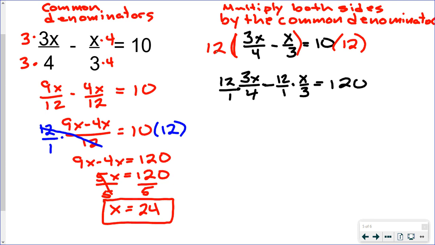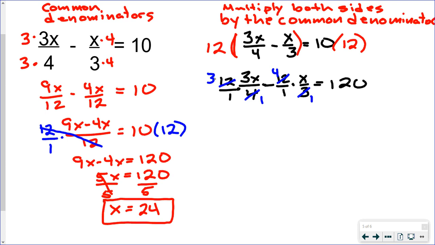Now, when we multiply by the common denominator, what it allows us to do is cross-simplify and eliminate the denominators here, and therefore eliminate the fractions. So I can cross-simplify this. 12 and the 4 can be simplified to 1 and 3, and the 12 and the 3 here can be simplified to 1 and 4.